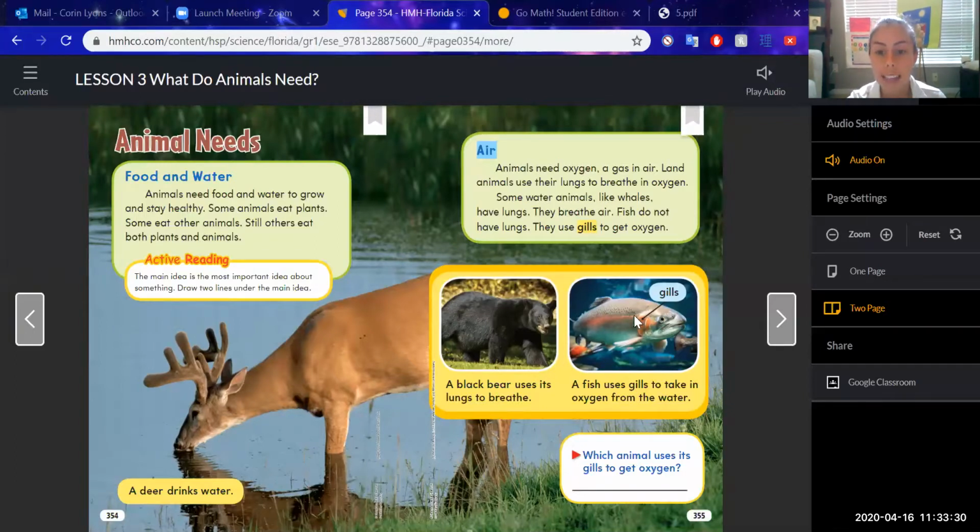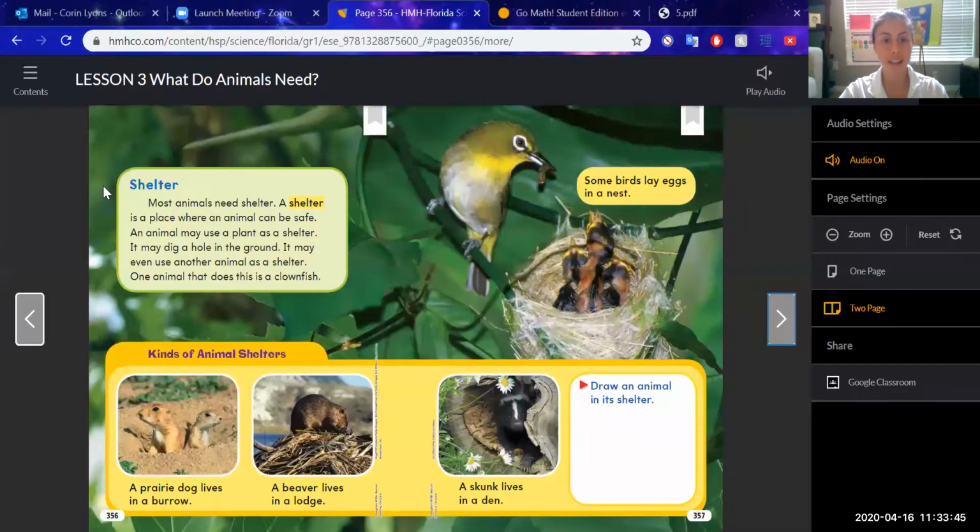And last but not least, you see a fish. Do you think the fish has lungs to breathe in air like us? Or do you think they have gills? That's correct. Fish have gills. Now I want you to look at the pictures on this page. What do you see?